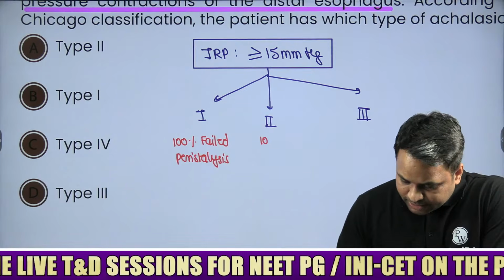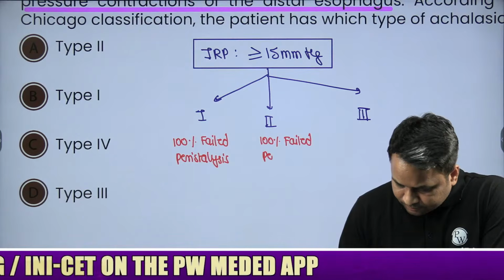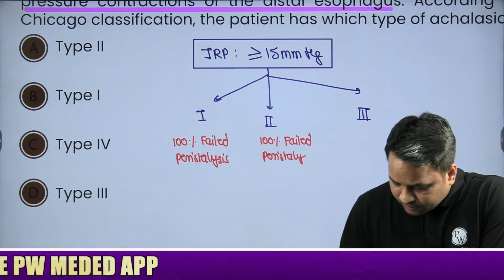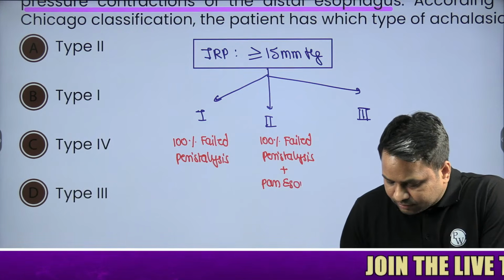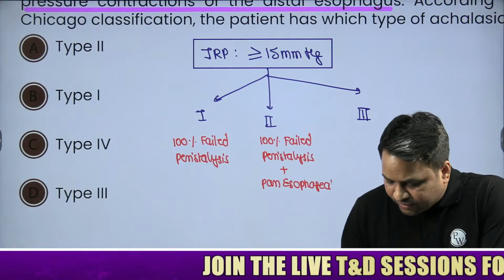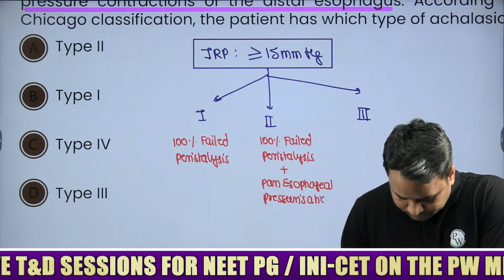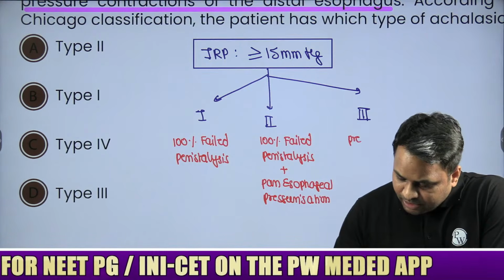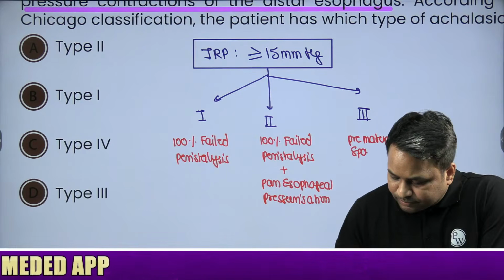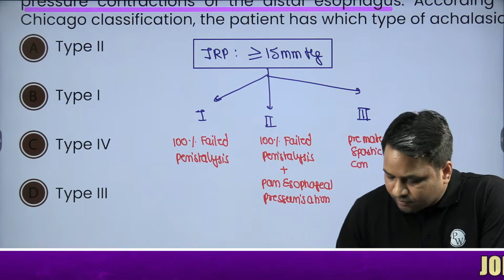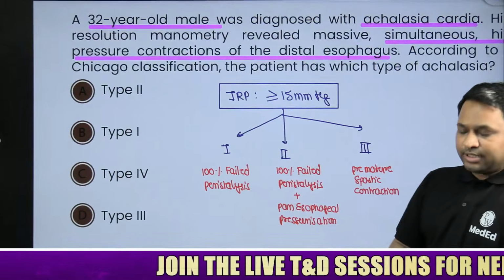In type 2 also, there is 100% failed peristalsis with pan-esophageal pressurization, and in type 3 there is the presence of premature spastic contractions. The premature spastic contraction, it is a type 3.